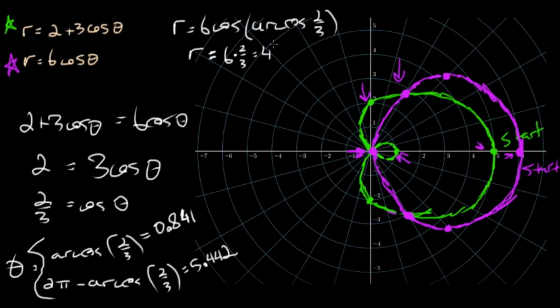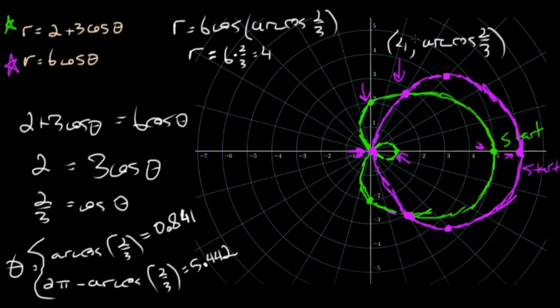All right, so this coordinate right here is 4, comma, arc cosine 2/3. All right, clearly my graph is a little bit off. They should have intersected way up here. My green graph should have been a little bit more wide.